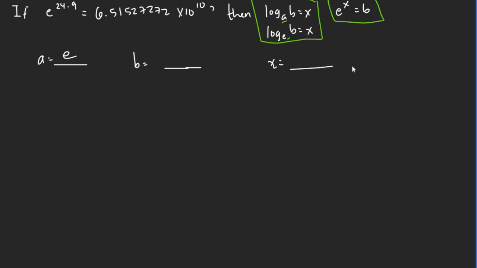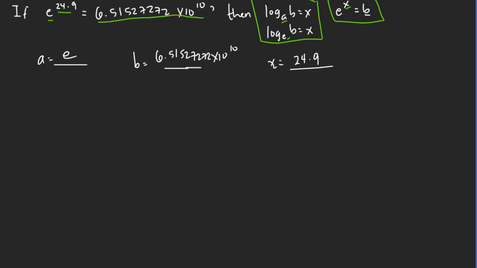Now, as you check, we have here the Euler raised to the exponent is equivalent to a specific number. So the Euler is already a, and the exponent is 24.9. That is also equal to x. So we write 24.9 as your exponent, while your b here would be the right side of the equation, and that is 6.5152 7272 times 10 raised to 10. Okay, so that's how you are going to identify each part.